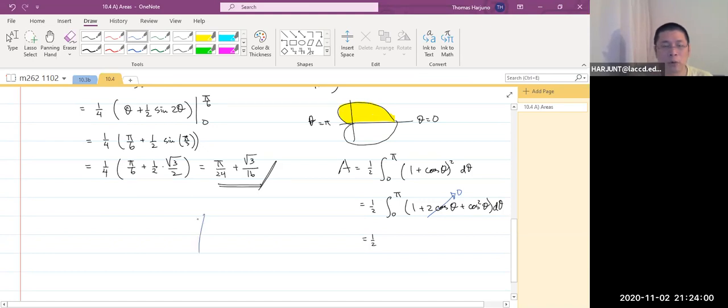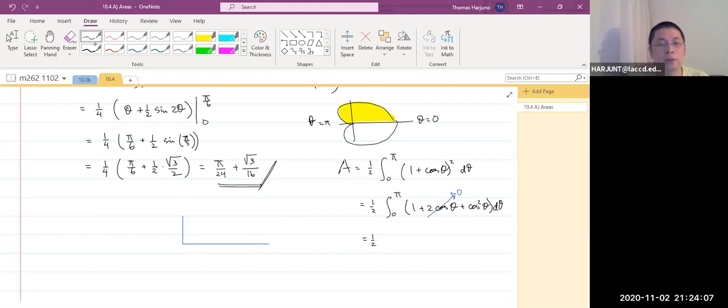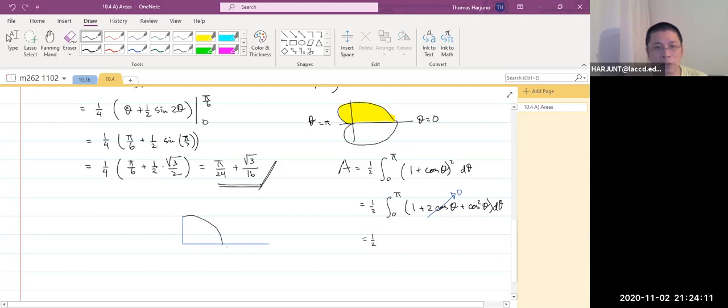The graph of cosine, in the first and second quadrant. The area in the first quadrant is positive 1. The area in the second quadrant is negative 1.